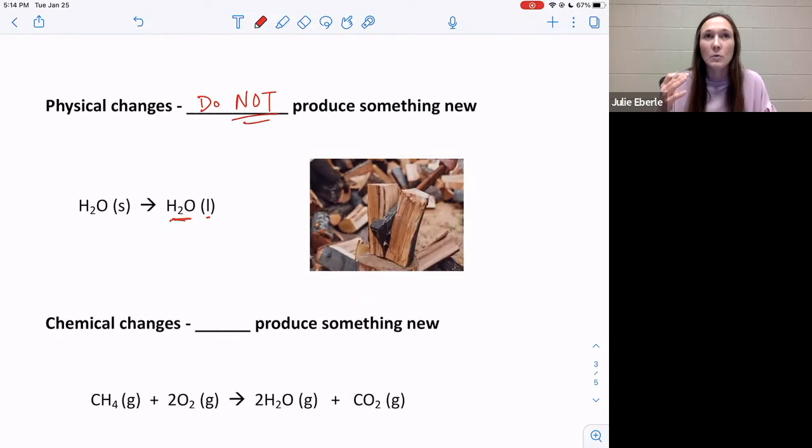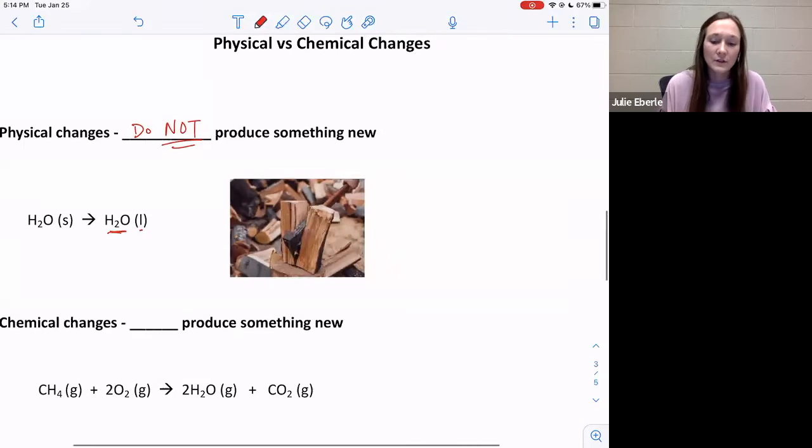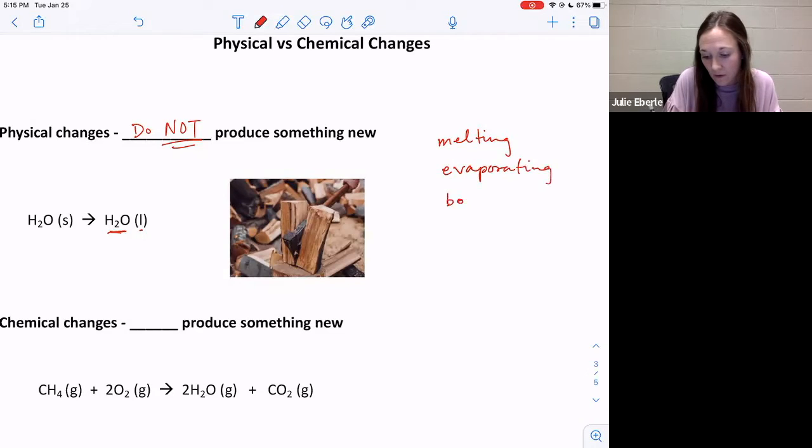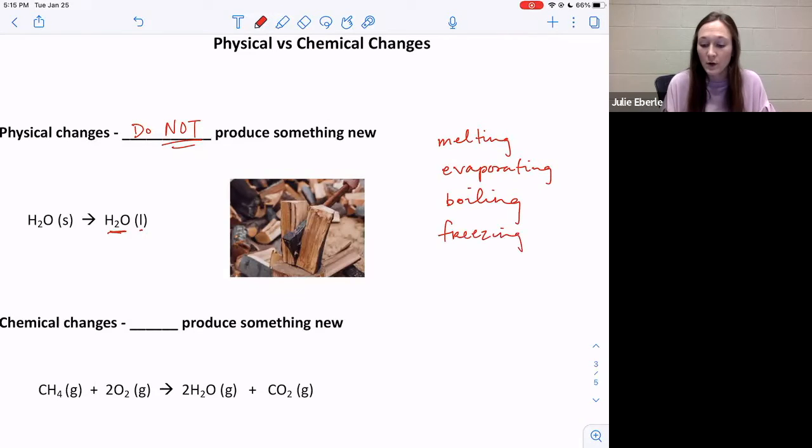So words that denote a physical change might be words like melting, okay, or evaporating, or boiling. Also words like freezing, and you may be able to think of a few more.